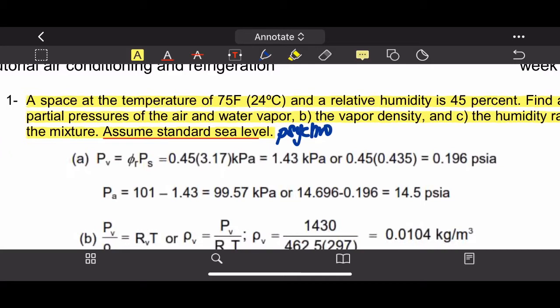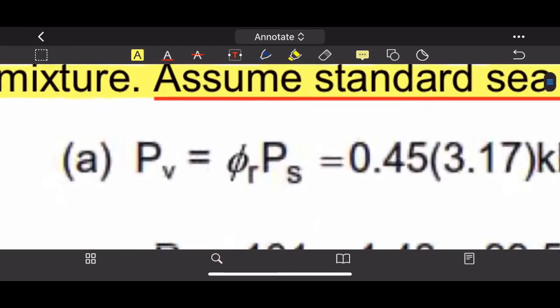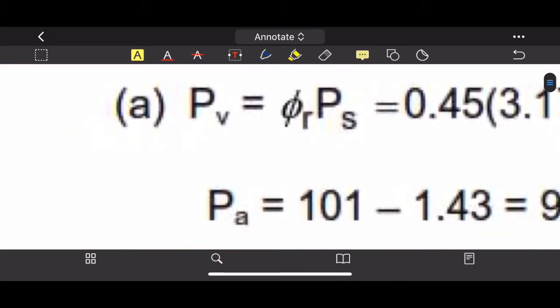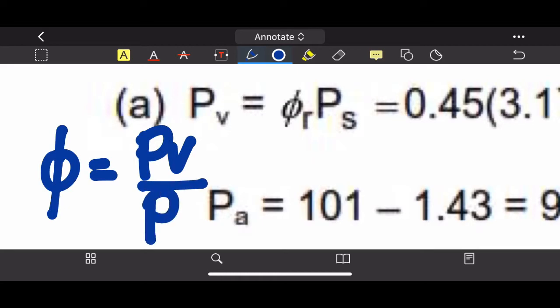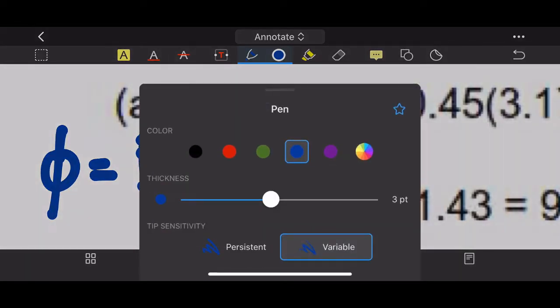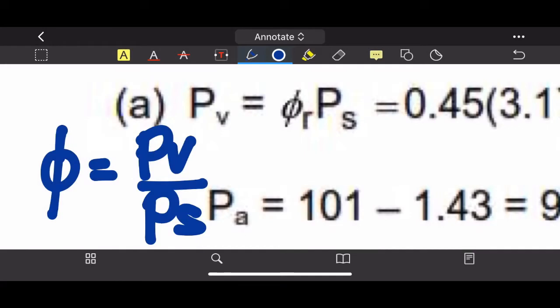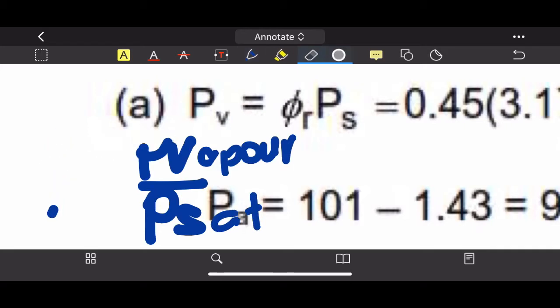For example, go to your relative humidity section on the notes, and you will see that the equation is phi equals PV over PS, where PV is the vapor pressure and PS is the saturated vapor pressure.